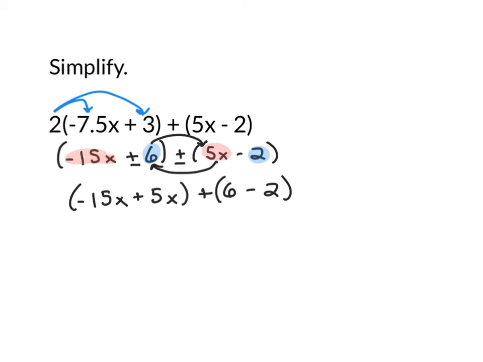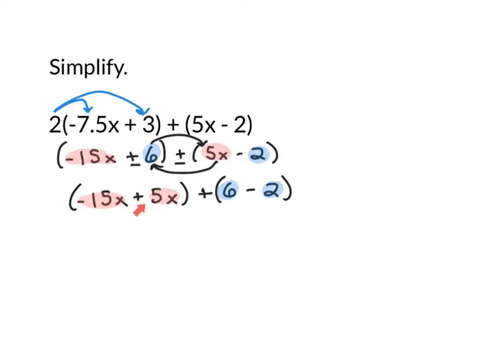The reason we use the commutative property, remember, is to get those like terms right next to each other. Here's a set of like terms, and here's another set of like terms. And now we're going to use all possible operations to combine like terms. So let's do that. Negative 15x plus 5x. Focus in on those numbers.